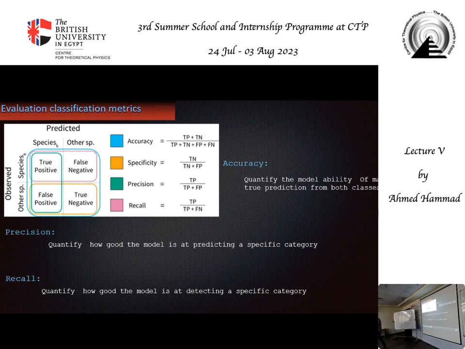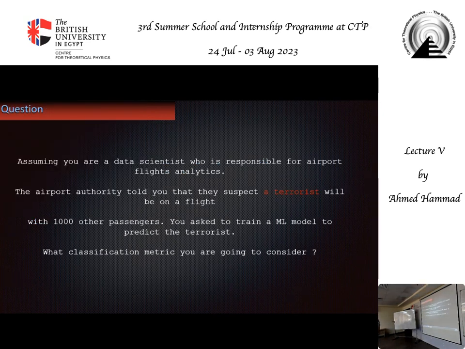So it evaluates the model's ability to give you good predictions. Recall quantifies how good the model is at detecting a very specific class. So it's important to know the difference between precision and recall if you want to deal with some machine learning or data analysis problem. And now comes my question.